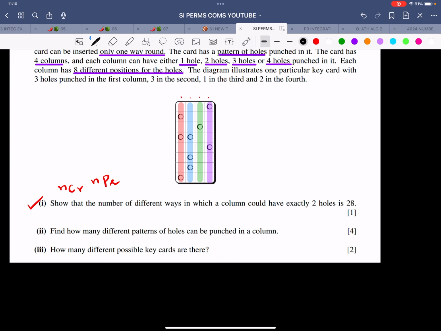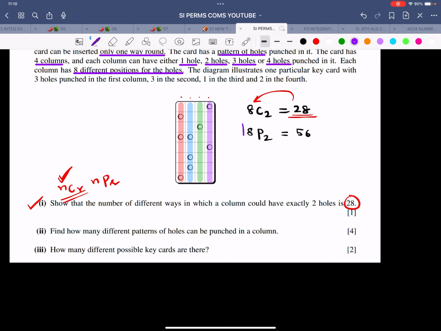If I calculate 8C2, this answer comes out to be 28. If I calculate 8P2, this answer comes out to be 56. Since the answer is already given as 28, I'll say it's a combination scenario because the answer says it all. So that is the first thing.